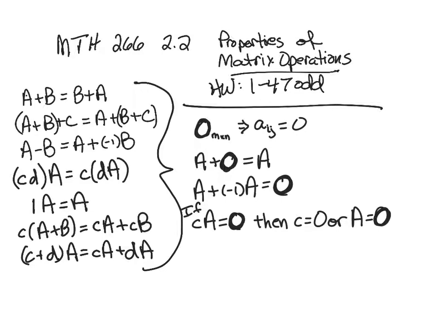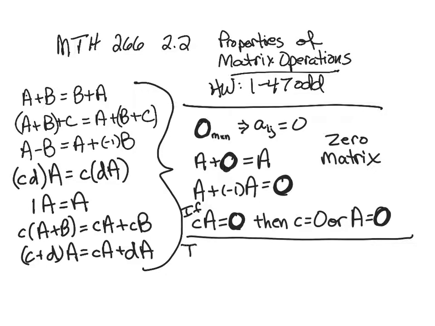Let's talk about the identity matrix. All of this stuff was about the 0 matrix. The identity matrix we talked about a little bit before. It is a square matrix, always.